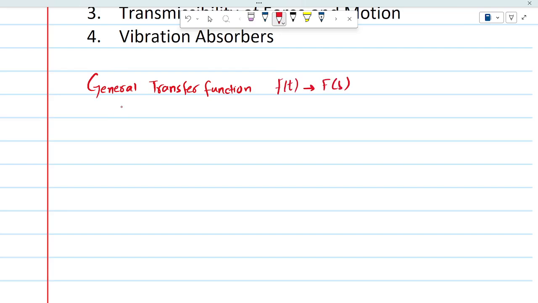And if you recall, I told you s is a complex Laplace variable. It is equal to gamma plus iota omega.